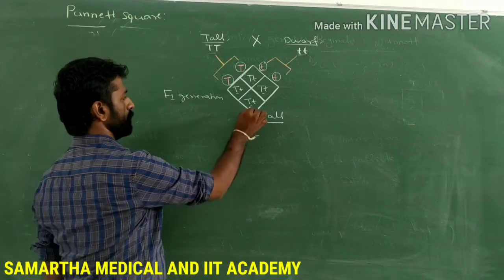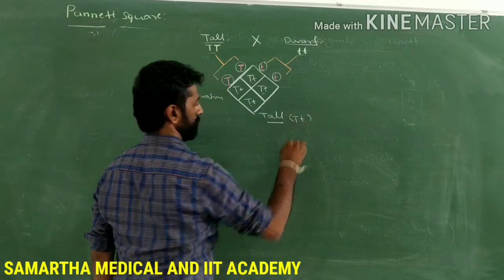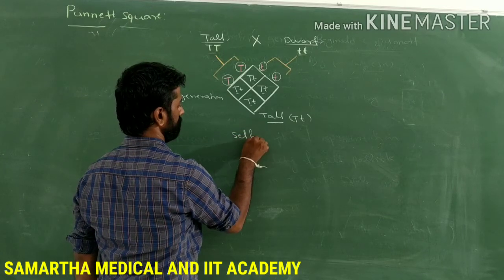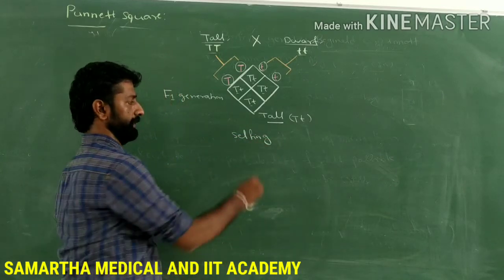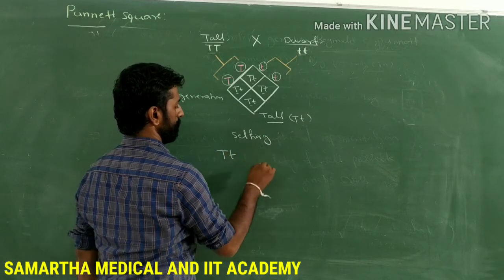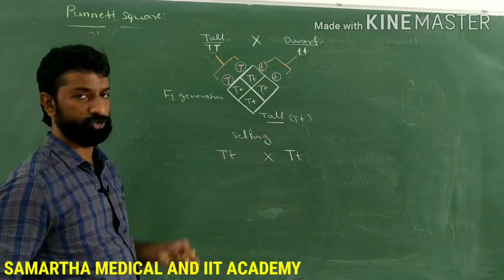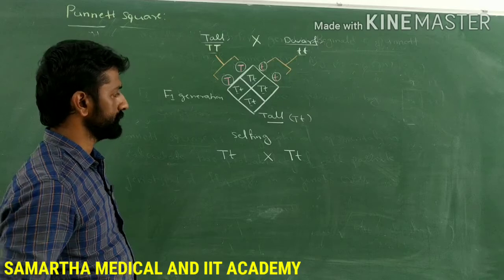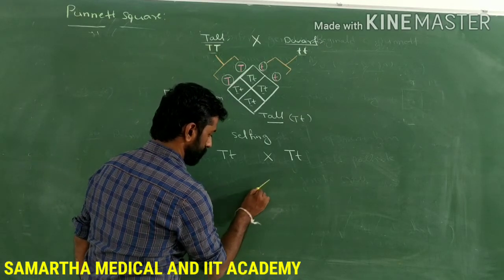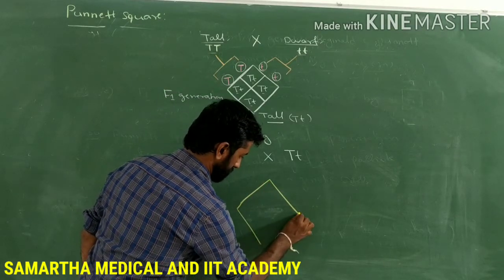When such heterozygous tall plants of the F1 generation, with genotype capital T and small t, are allowed for selfing or self-pollination, what are the possibilities of their offsprings? Let's see that now.